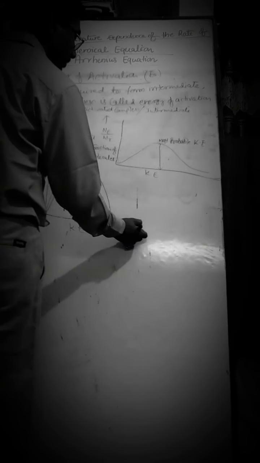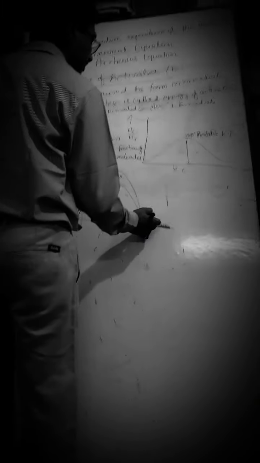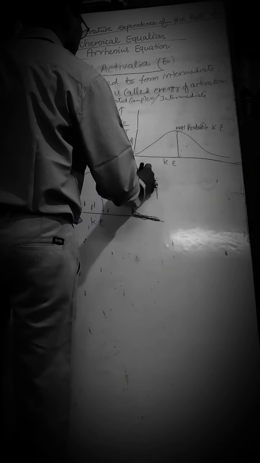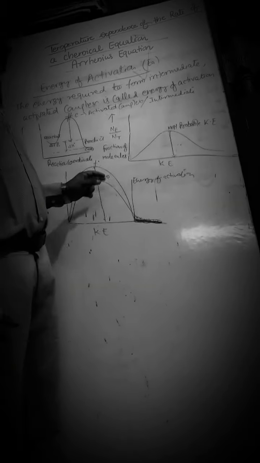Now, this is the fraction of molecules, Ne by Nt, versus kinetic energy. This is the energy of activation. The number of molecules crossing the energy of activation increases at T plus 10 degrees Celsius.